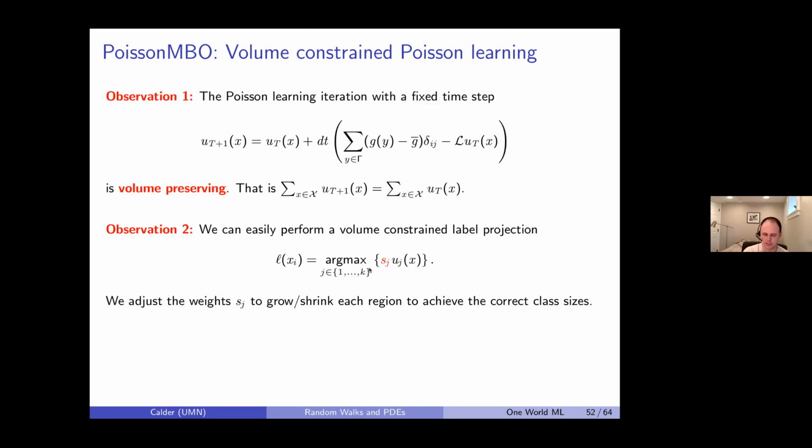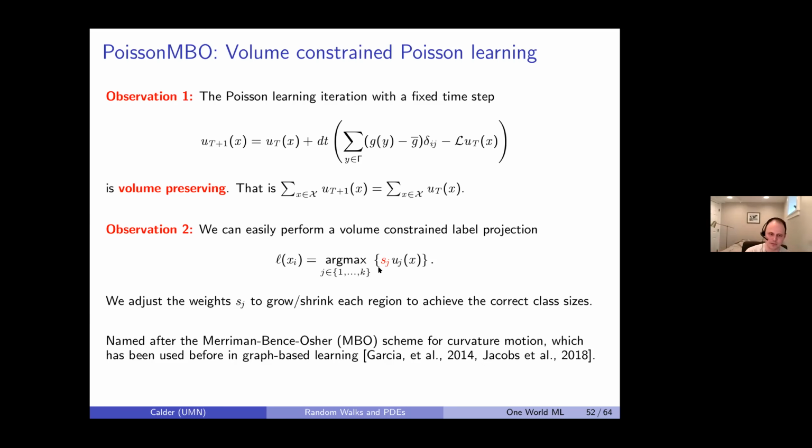So you adjust these weights a little bit to get the projection to have the right numbers of points in each class, and you iterate these two things back and forth only a handful of times, like 6 or 7 times. It's called PoissonMBO because it's based on the Merriman-Bence-Osher scheme, MBO, for curvature motion, which goes back to the 90s or so, a similar idea where you diffuse and threshold, and you can generate geometric motions from this.